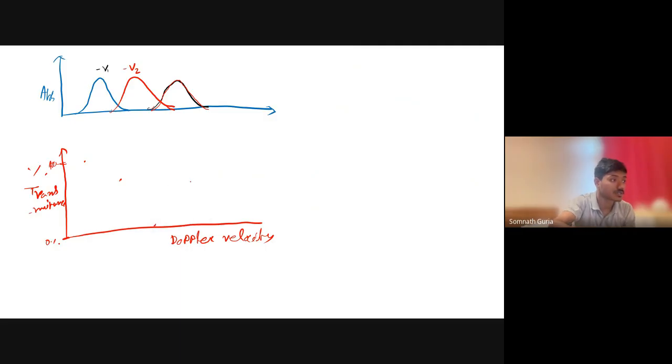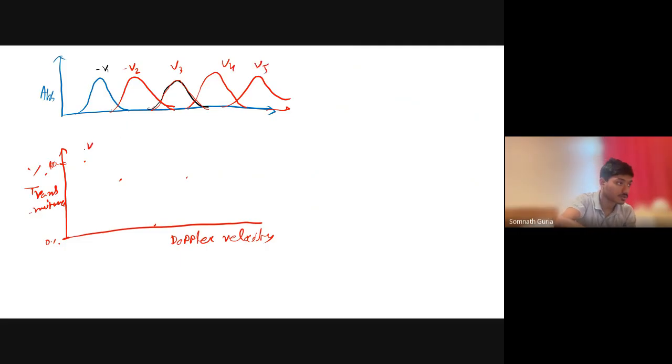Then similarly we have another positive velocity. This is v3, and we have some absorption over here, less, similar to this, and we have another one which does not overlap. This is v4, v5.